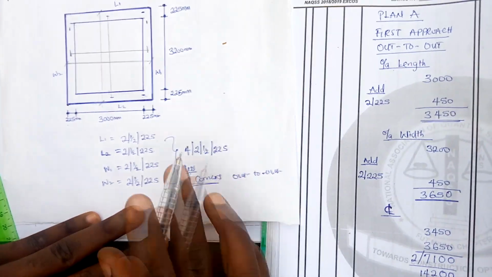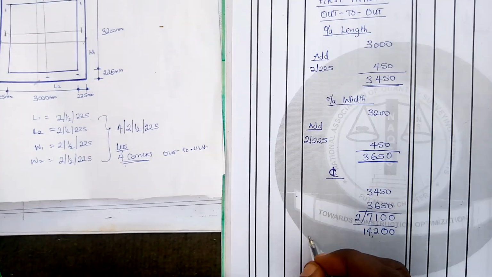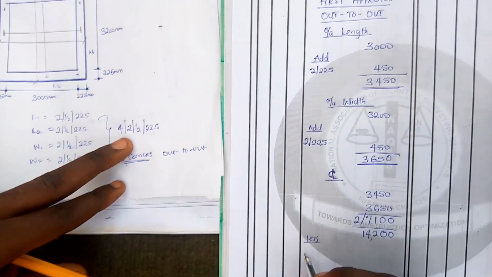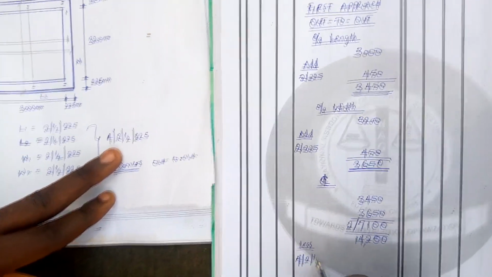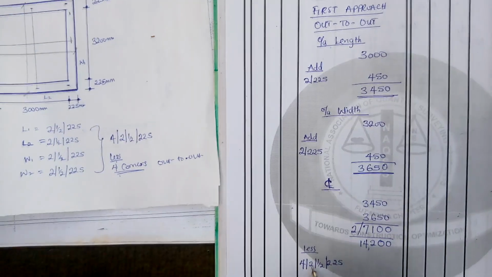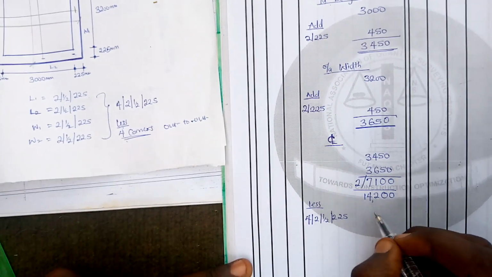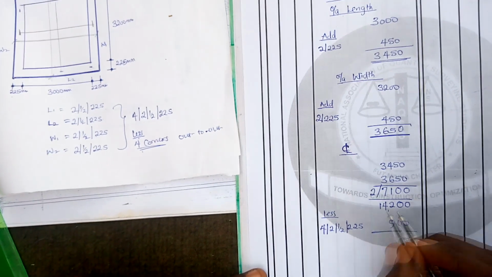You less 4 corners. So since we are lessing 4 corners, I can now come down to our calculation, and then I will say less 4 corners, which is giving us, our 4 corners is seen here. We have 4 by 2 by half of 225. 2 multiplied by half is already 1, so I'll be having 4 times 225, which is going to give me 900. So I will subtract because I have less here.